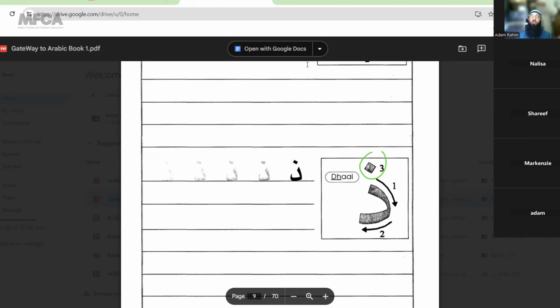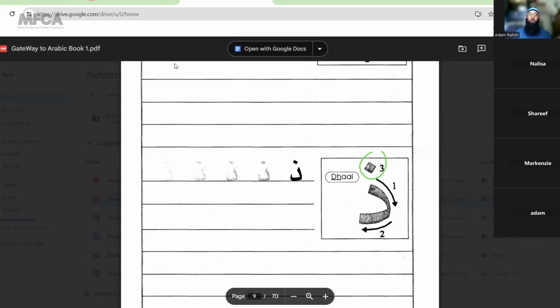Place pressure, so it's dhal, and not zal, not like a z sound. That's why you're placing the tip of your tongue at the bottom edge of your top 2 front teeth, and you're placing pressure on it. Dhal, dhal.